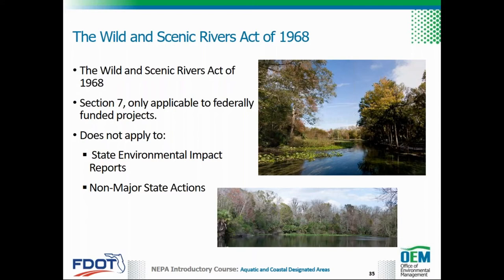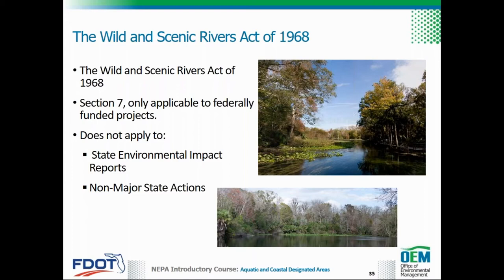Section 7 of the Act states that no federal license, permit, or other authorization be issued for a water resources project which would have a direct and adverse effect on the free-flowing condition, water quality, or the outstandingly remarkable values of a wild and scenic river, or a river under study for designation as a wild and scenic river. Water resources projects include DOT bridge projects and other roadway construction or reconstruction projects.